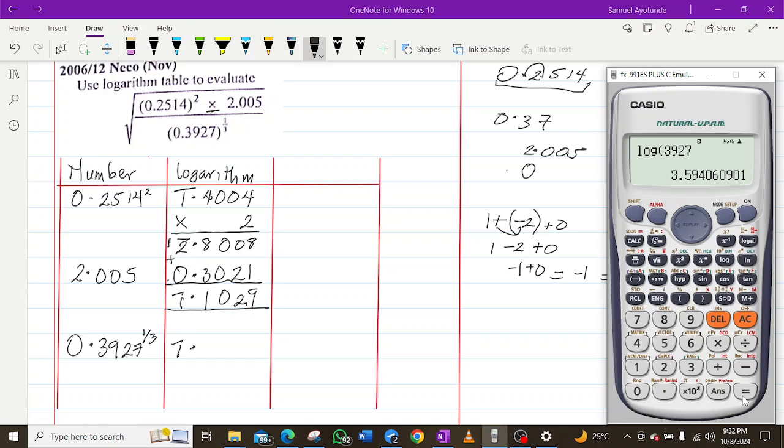The whole number here is 3. We only need the decimal figure, which we will take to 4 decimal places. So we have 0.59406. To 4 decimal places, we round up 6 to 0, so that will be 5941. So that's our logarithm value here.